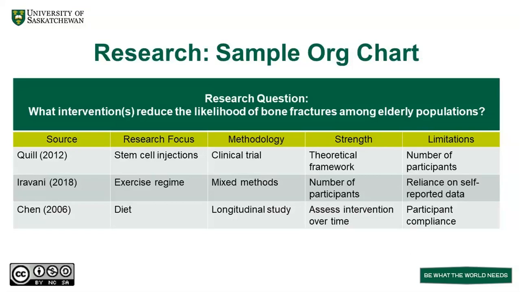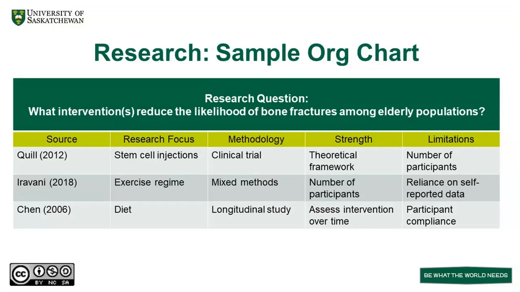This is a very basic sample organizational chart. If you don't want to create something as formal as an annotated bibliography, this can be a very efficient way of keeping track of your research question and all of those different sources. I've just made up a research question here with some imaginary sources, but you can adjust this how you would want. Here we have the source information.